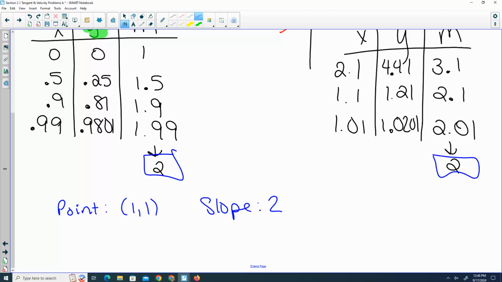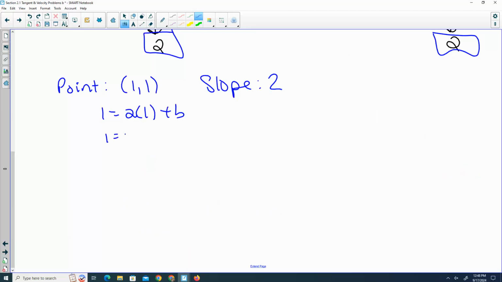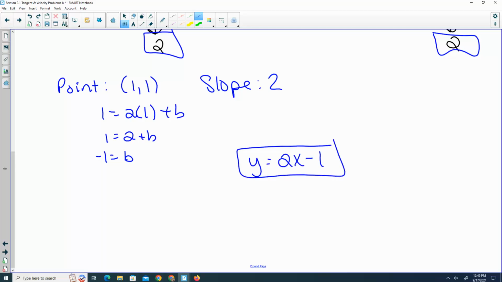So how do I write my equation from there? So y-intercept is -1. So y equals 2x minus 1. This is the tangent line at the point 1, 1.